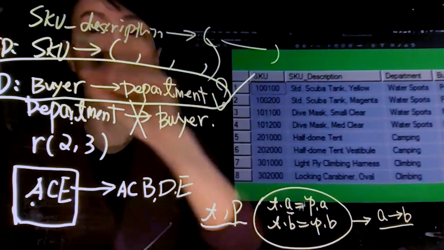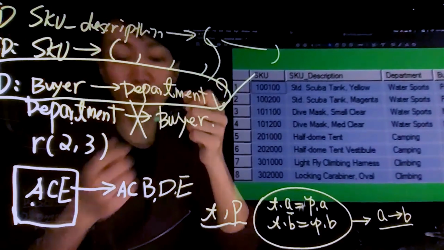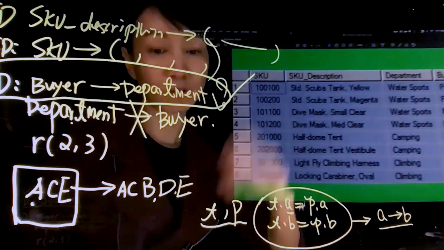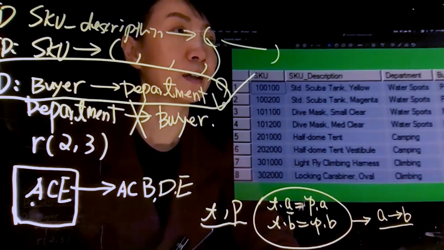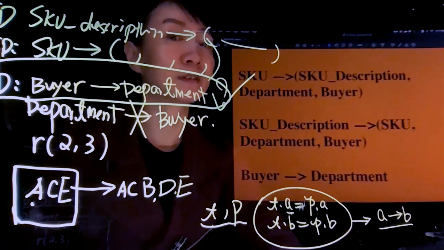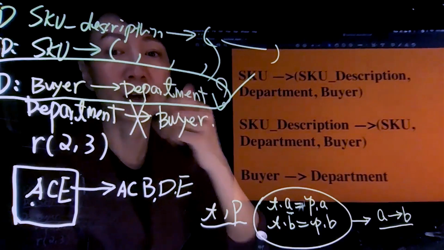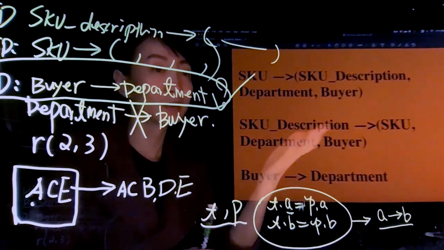It can determine all the other attributes. So we do have these three sets of functional dependencies discovered from this skill data. Okay, so now let's check the solution. It is exactly the same as what we have discovered previously.